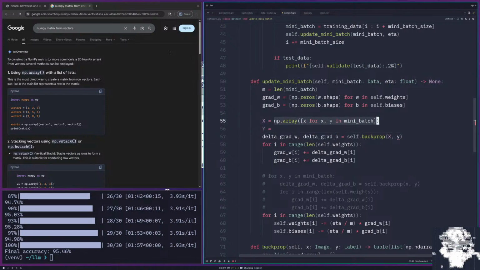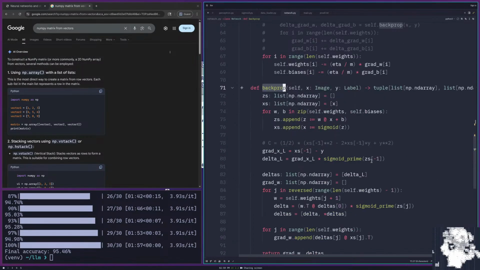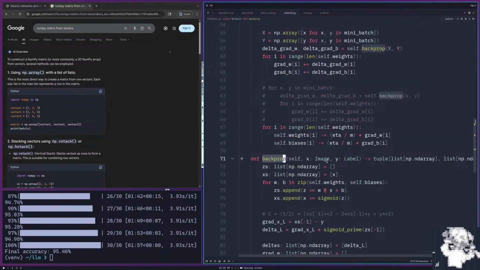Y equals this. This is not gonna just work because this should be an ND array.